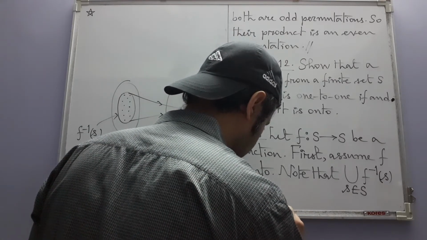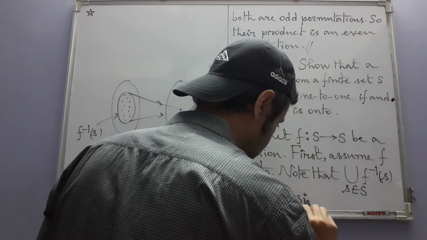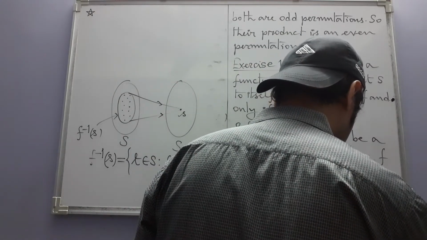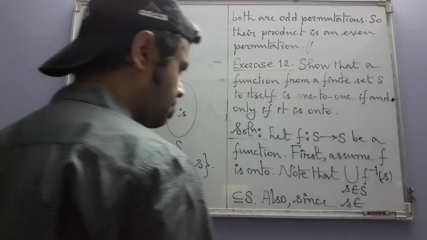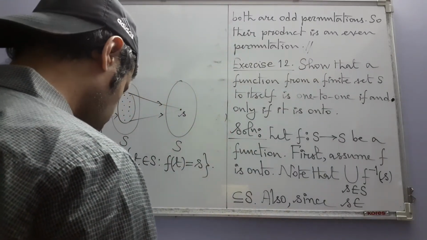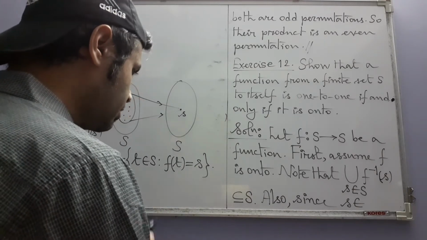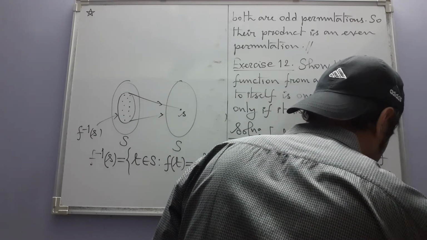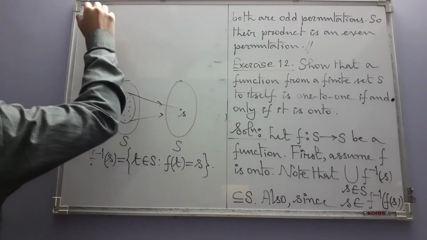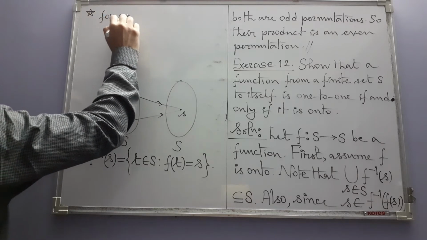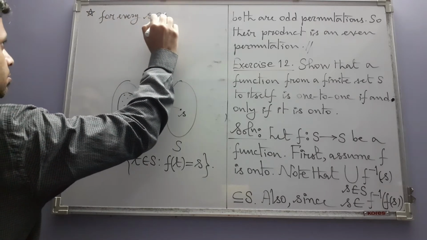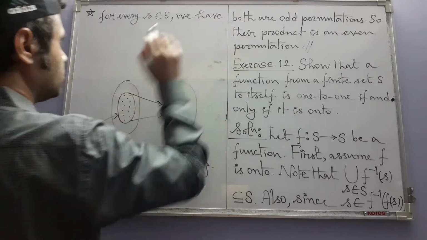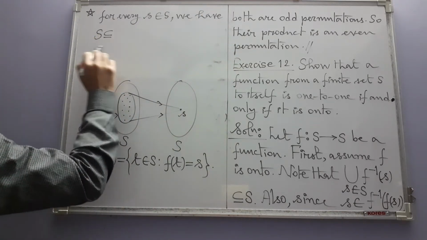Also, since s belongs to F inverse of F of s, for every s belonging to S, we have this inclusion also.